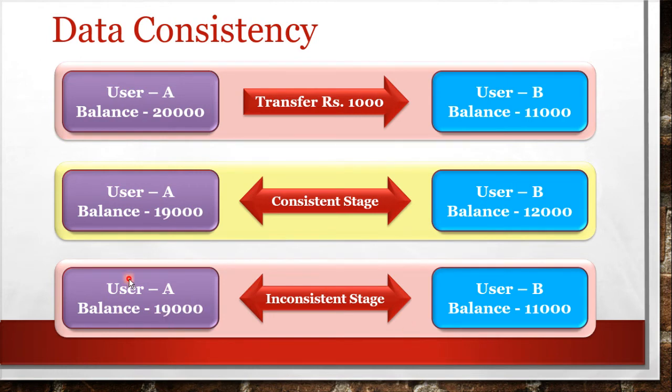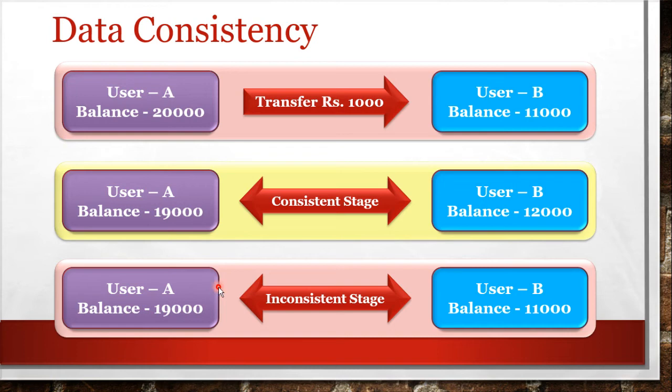So user A has 19,000 because the amount is deducted from user A's account, but the same amount is not deposited to user B's account. So this type of state is inconsistent for the database, because the transaction is initiated but not completed.